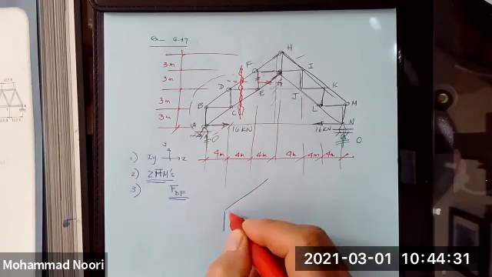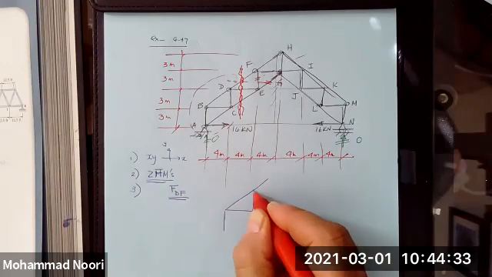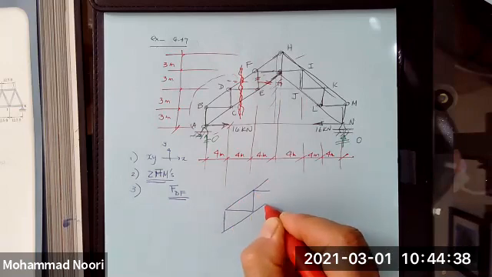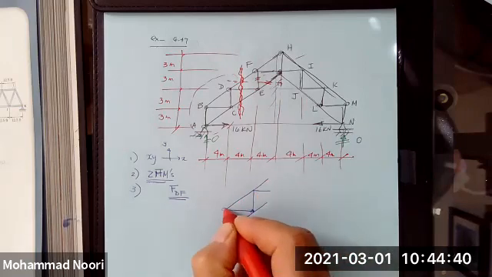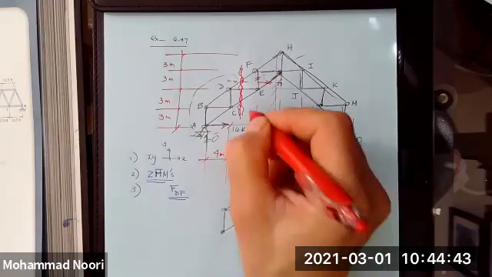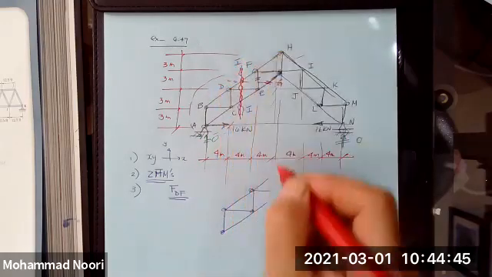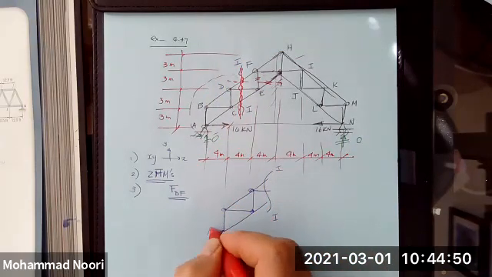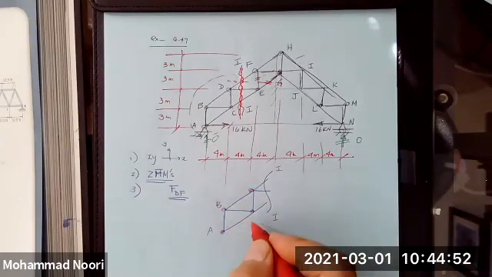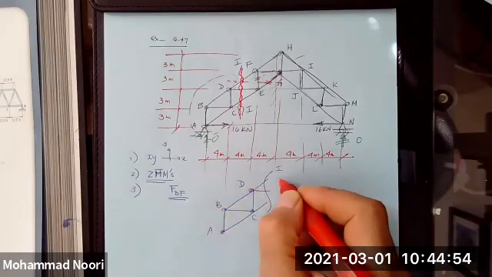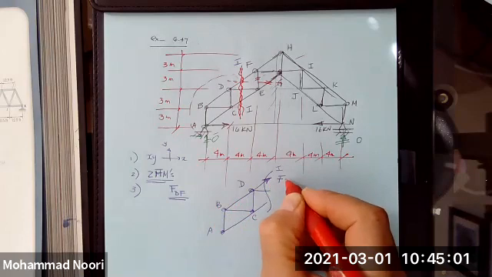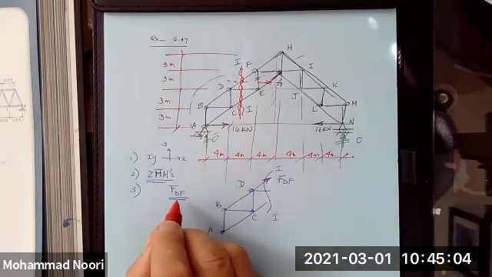Okay? I have basically this. This is the cut. This is that cut 1, 1. So this is A, B, C, D. This is the force of that member that I want to find, force DF.